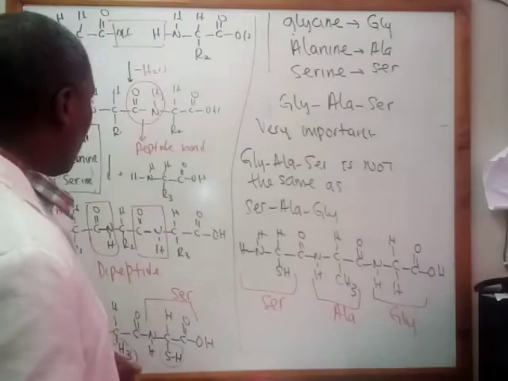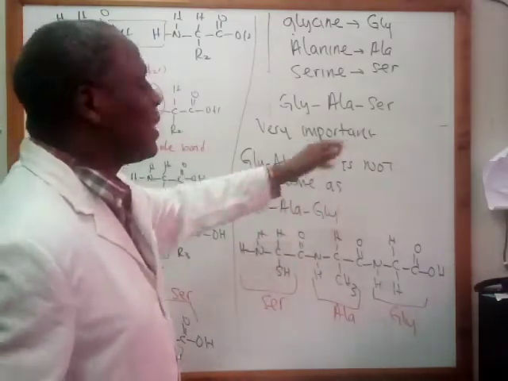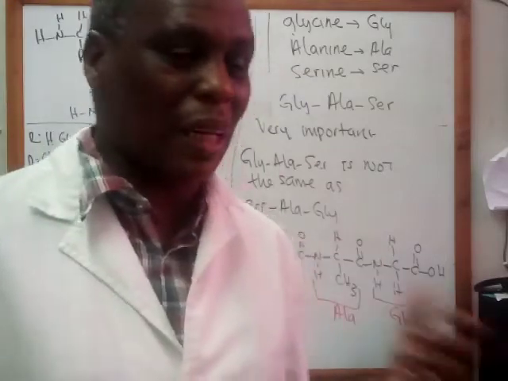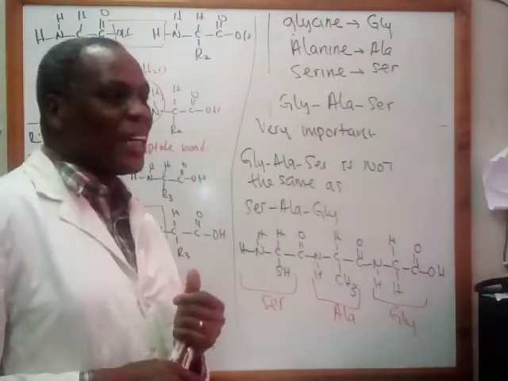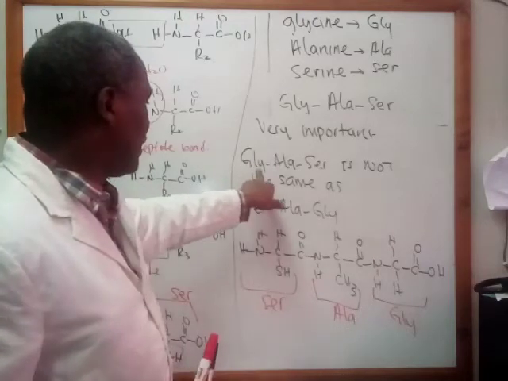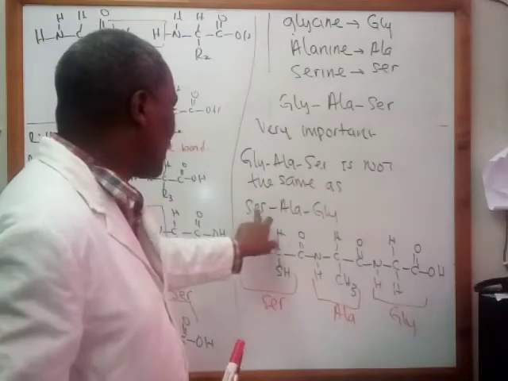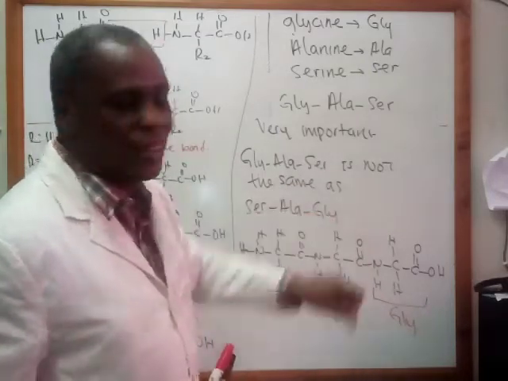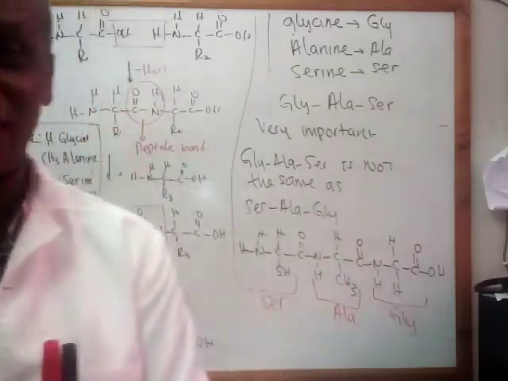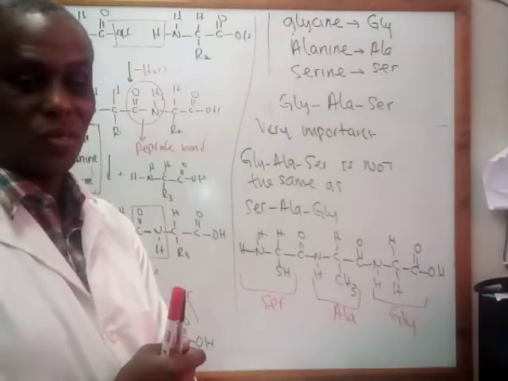The point which I'm trying to drive at is that even if the 3 amino acids are present, the order in which they are joined matters. So glycine joined to alanine joined to serine is not the same as serine joined to alanine joined to glycine, even if they are the 3 amino acids present. Are you okay on that?